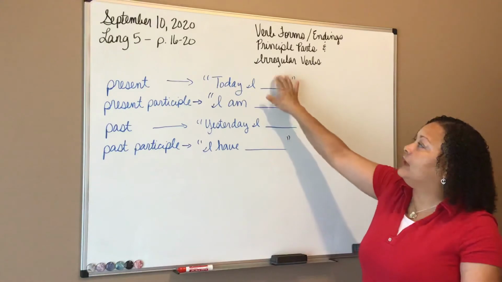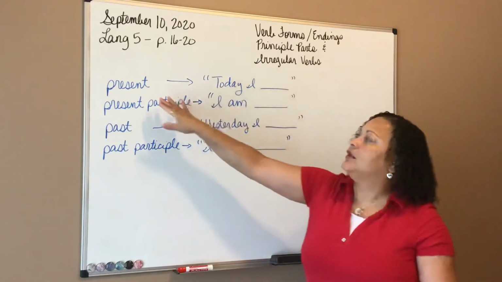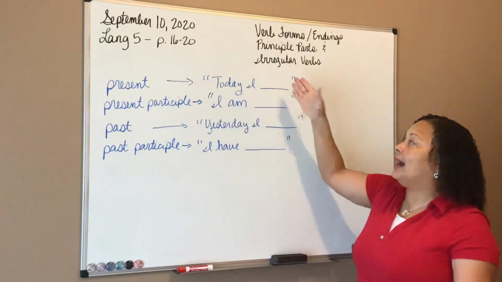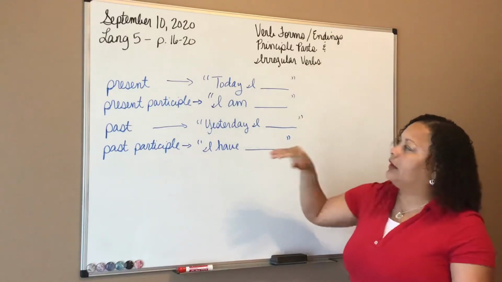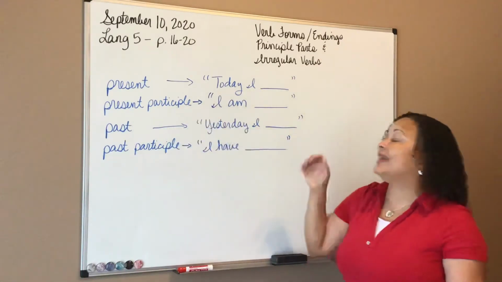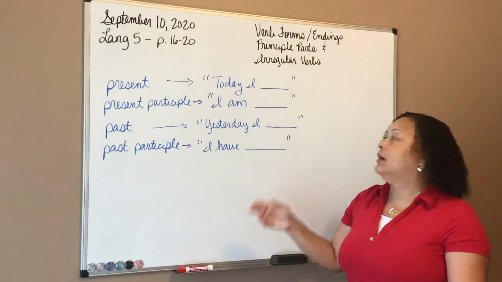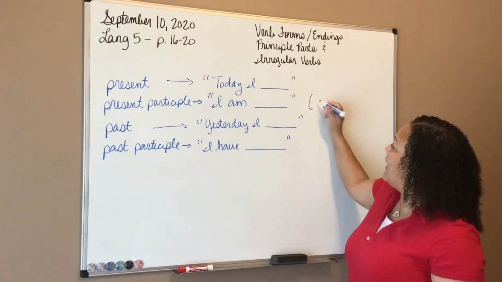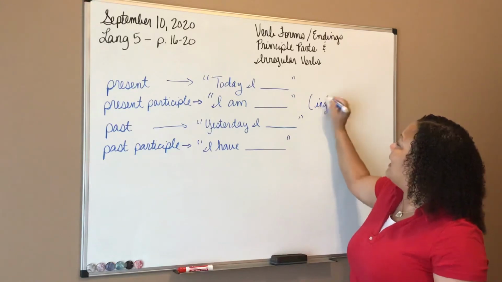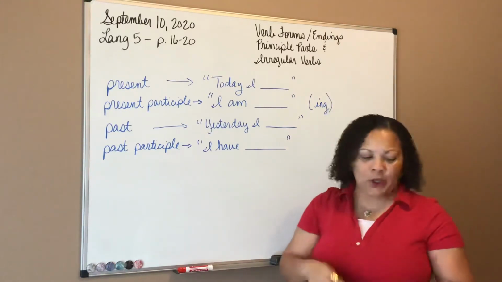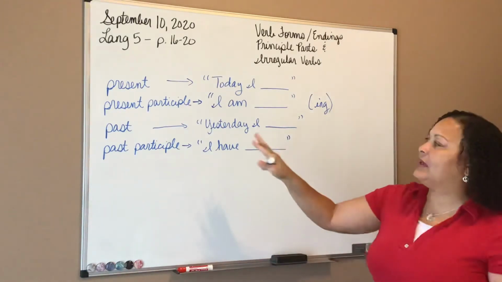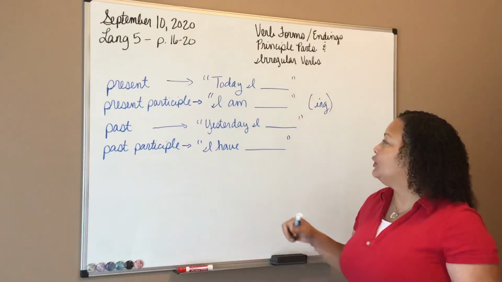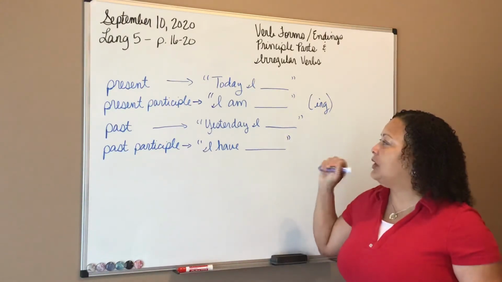Any verb you put in this blank to find your present. Today I blank, okay? Your present participle, you say "I am," and it should have an ing ending, right? So I am teaching, I am sleeping, I am walking, okay? That's your present participle, something that you're doing and continuing with ing.